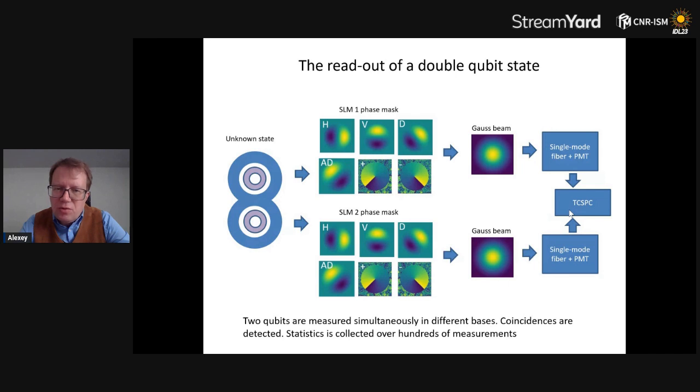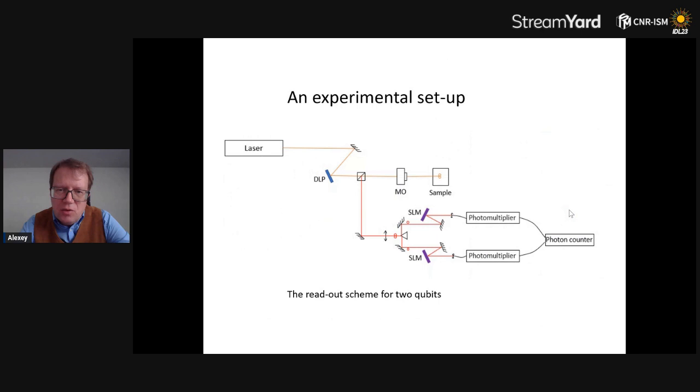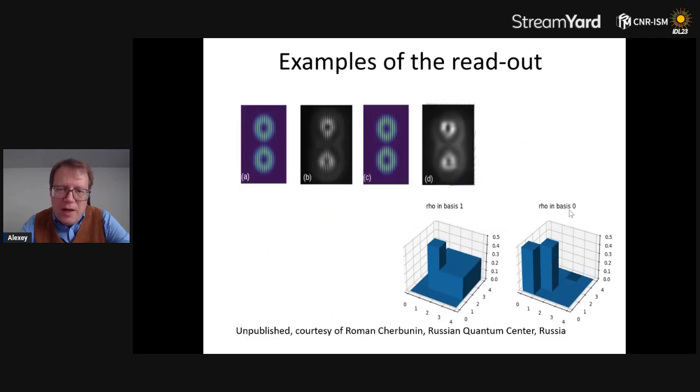So usually there are 2 bases chosen for one and 2 bases chosen for the second one, and altogether this experimental setup allows you to fill a 4x4 matrix that is the measurement matrix of the double qubit.